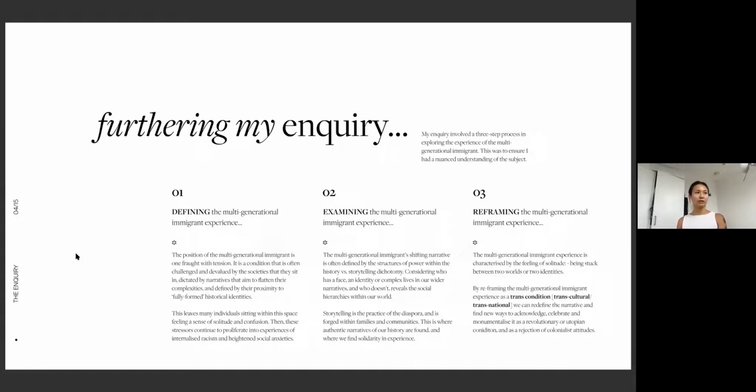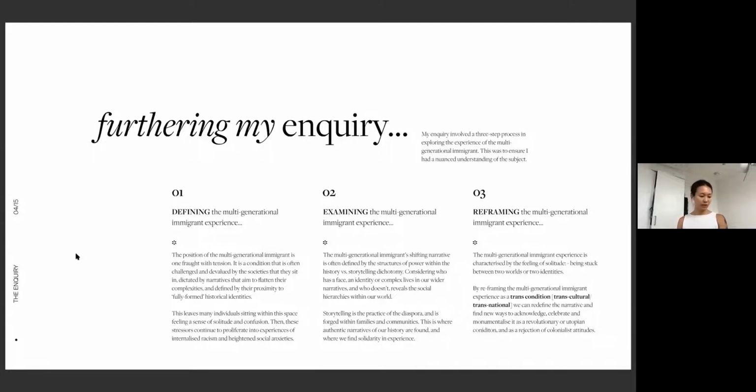From there, I was able to examine the dichotomy between history versus storytelling. When I was looking at historical accounts or narratives of the immigrant experience, there was no face, no identity and no complexity to it.